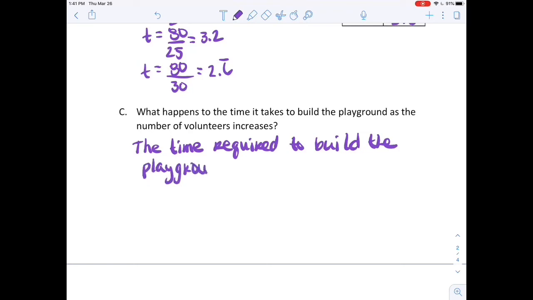So the time required to build the playground decreases as the volunteers increases. All right, so inverse variation tells us that as one value goes up, the other one must go down. This concludes our lesson. Thanks for watching.